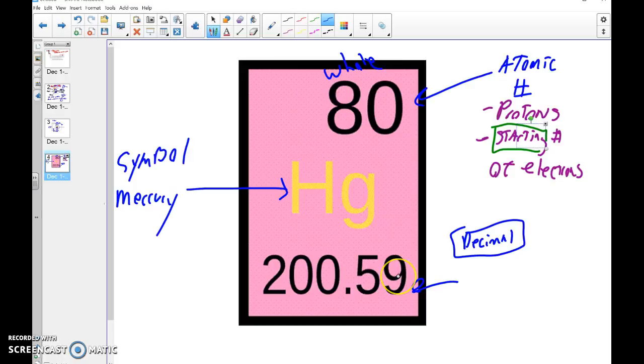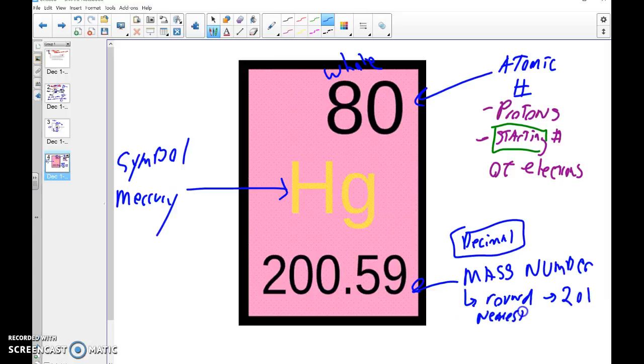And then this number down here, which will almost always have decimals, and that is the mass number. Now, we're going to get into why it has decimals in another presentation. But in general, when you are working with the mass number, you are going to round. So here I have 200.59, so I would round that, in this case, to 201. Because I am rounding to the nearest whole number.